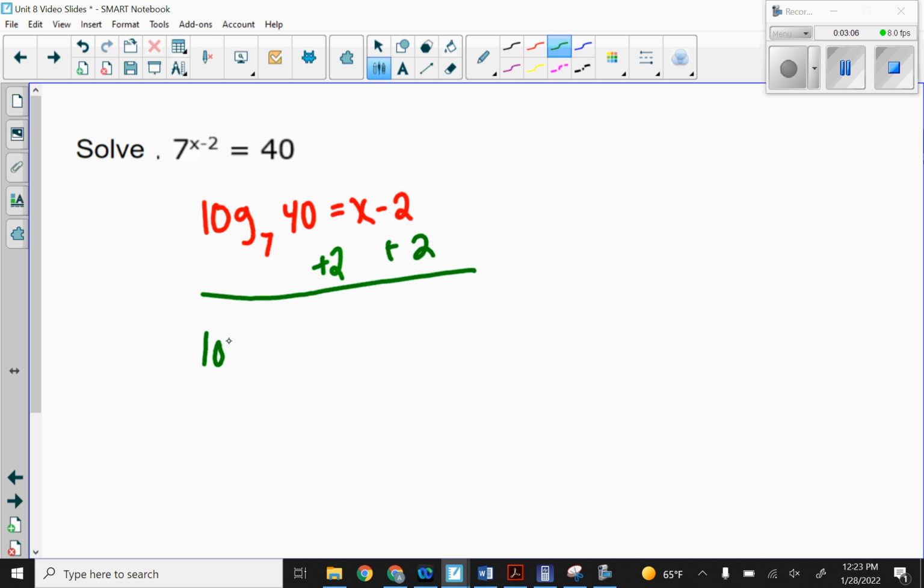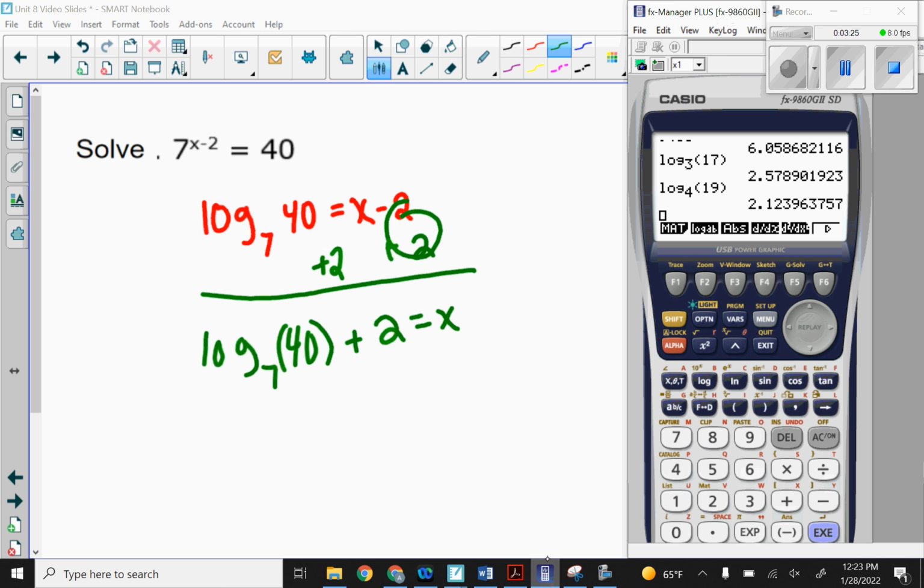So log base 7 of 40, and I'm going to put it in parentheses so the calculator knows that I just want the log of 40, and then we add 2 equals x.